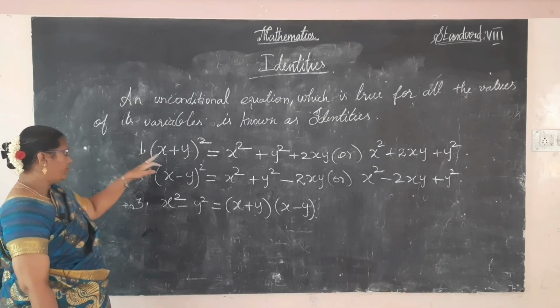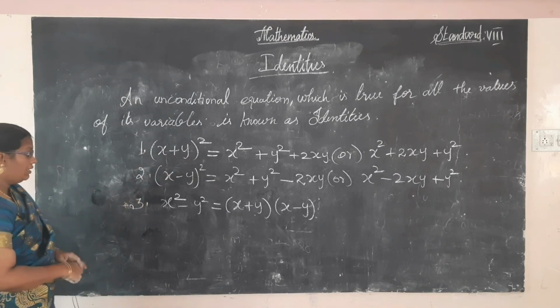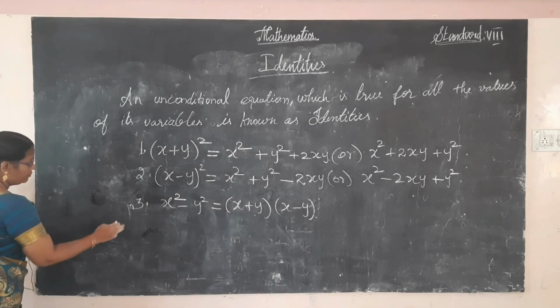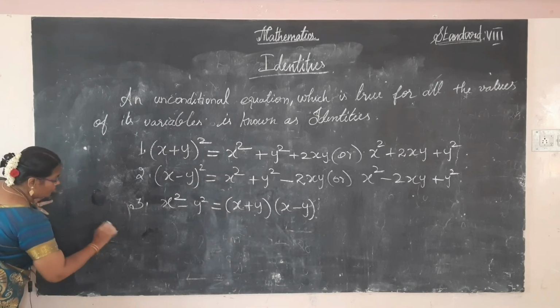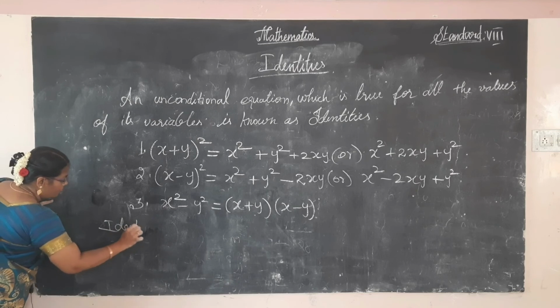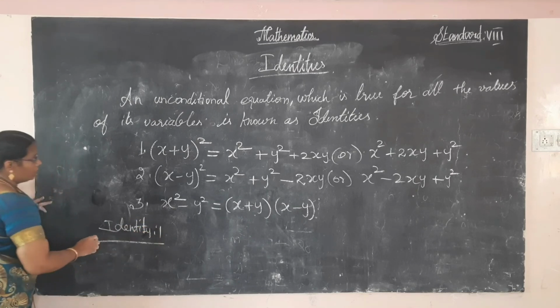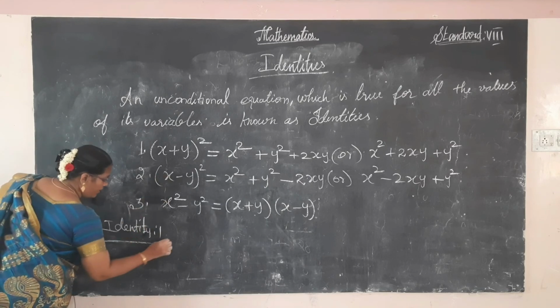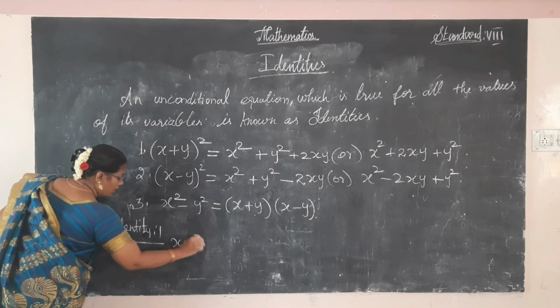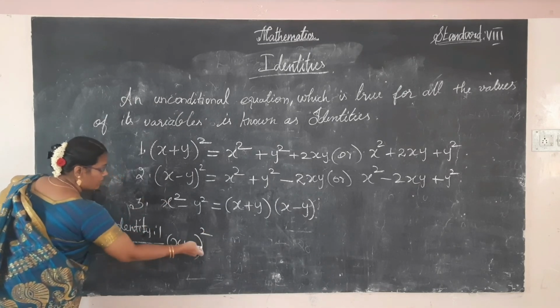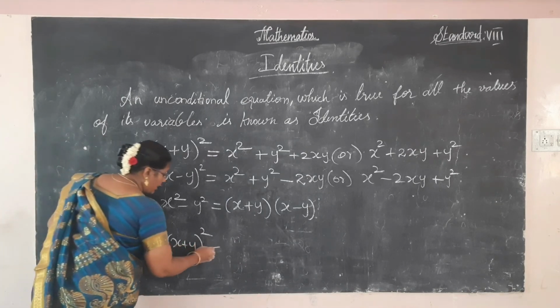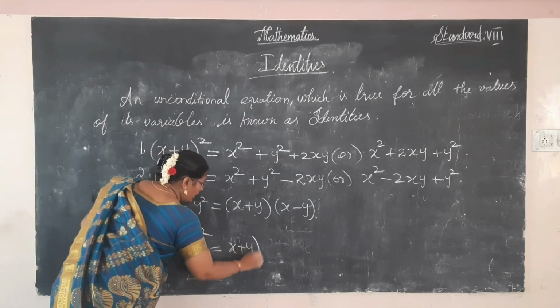How to frame these equations? See, the first identity. We are given x plus y the whole square. What is the meaning of x plus y the whole square? x plus y multiplied by itself twice.